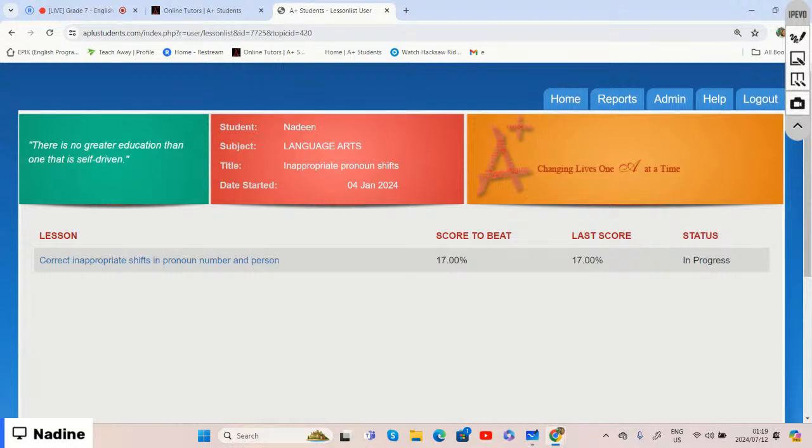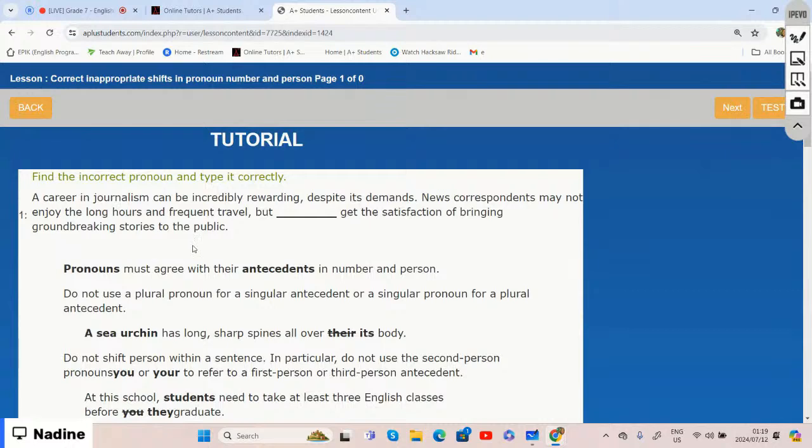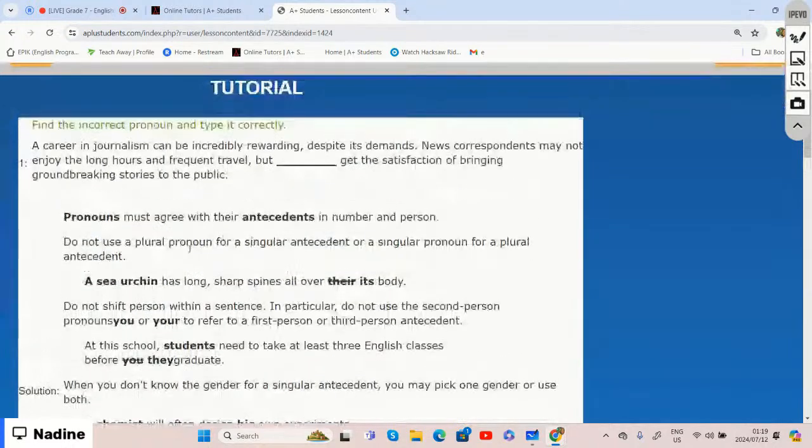All right, and we are doing the lesson of correct inappropriate shift in pronoun number and person. And once again, before we go on to our activity and before we do our test, right? Here it is more clear for you to see.